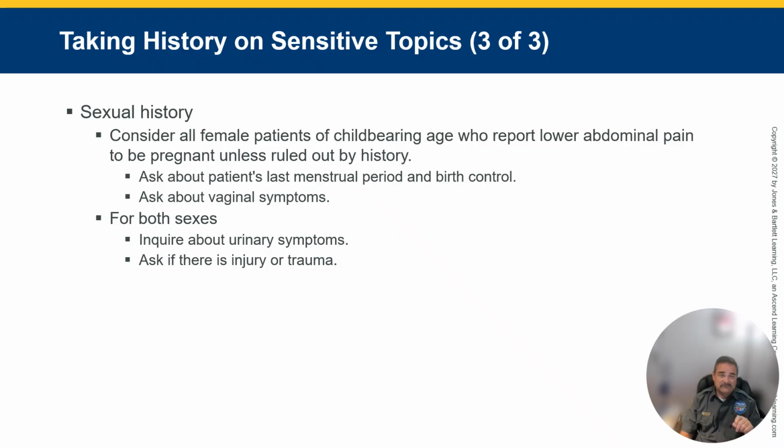For both sexes, inquire about urinary symptoms. Does it burn when you pee? Are you having a hard time going to the bathroom? Do you have any injury, any trauma, or any kind of skin lesions or anything like that involving your sexual organs, those kinds of things?